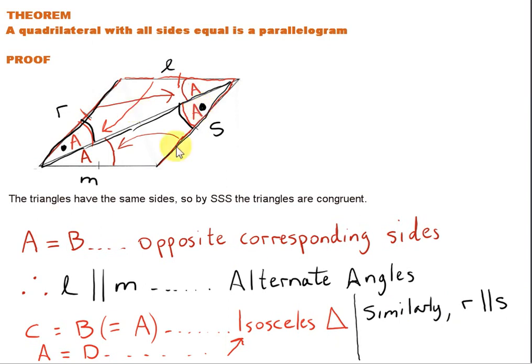So that's just the converse of the notion of alternate angles. If two lines are parallel, then these two angles made are equal. If these two angles made are equal, then the lines are parallel. So we've shown that opposite sides of this quadrilateral are parallel. So that means that this quadrilateral is a parallelogram.